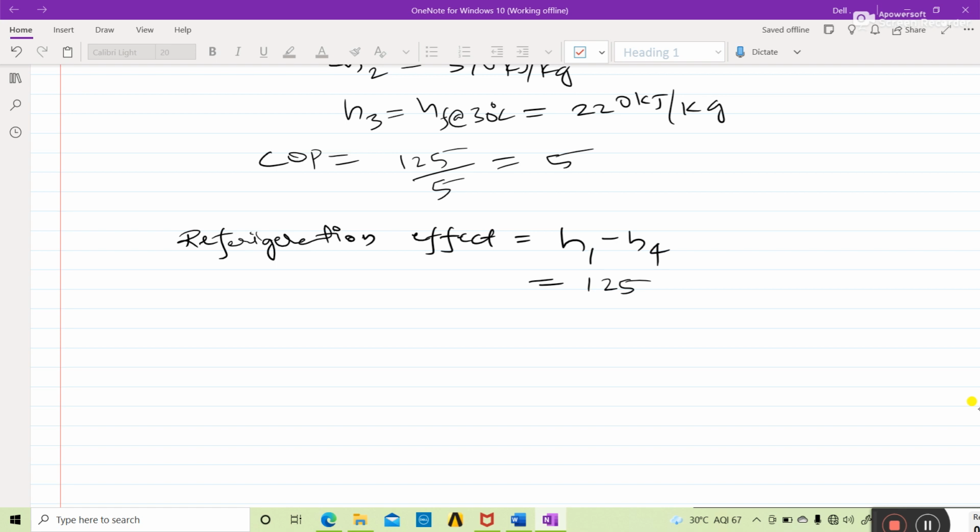Then mass flow rate of refrigerant is equal to refrigeration capacity divided by refrigeration effect. Therefore it is 5 divided by 125. You will get 0.04 kg per second.